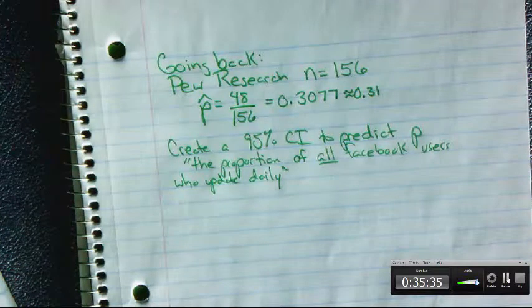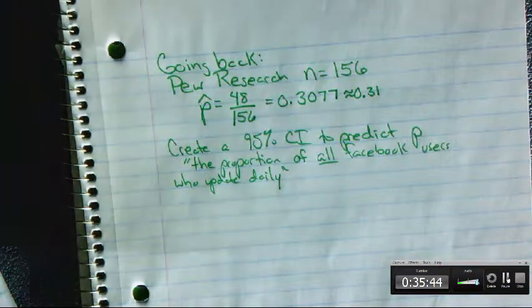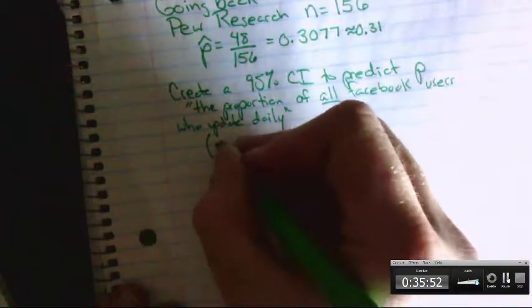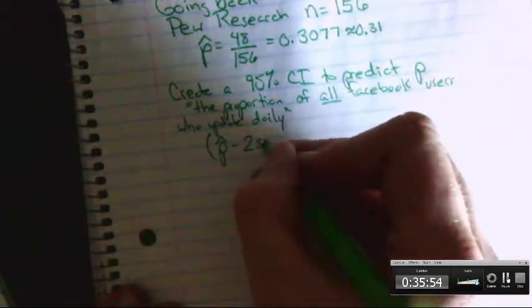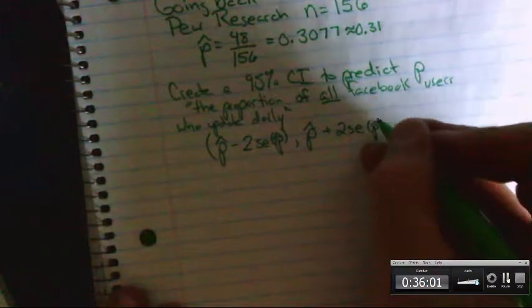Because 95% of the time, an accurate survey will be within 2 standard deviations of what really happened, and that means the entire population should always be within 2 standard deviations of our accurate sample. So we're going to create a 95% confidence interval, and that's p hat minus 2 standard errors of p hat, and p hat plus 2 standard errors of p hat.